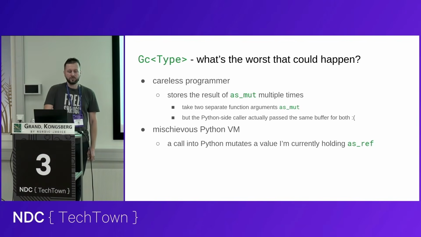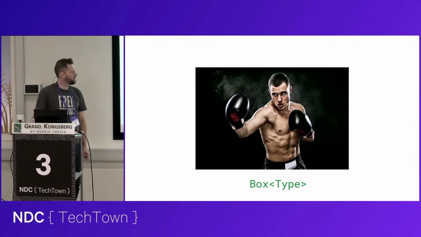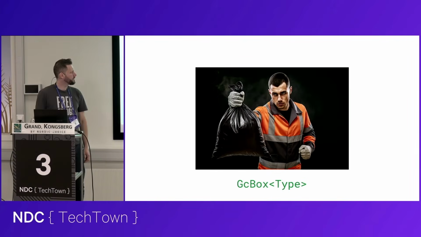In normal big standard Rust with allocations, we have this nice Box. You allocate something, you put it into a box. And the box is an owned type, so the owner is responsible for allocating and deallocating. If it goes out of scope, it's deallocated, so that's useful. And we would like it here too. So what we do is a GC box, for garbage collected.